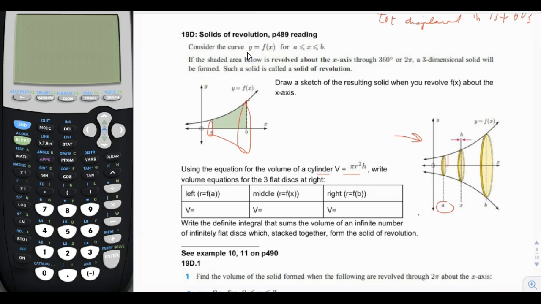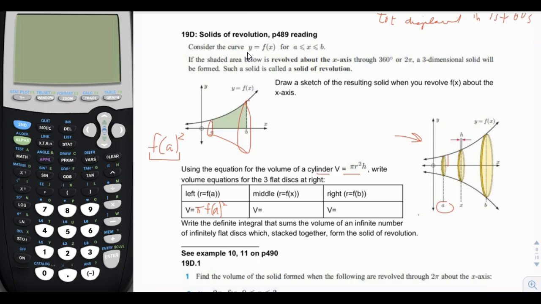So it would be pi times r, which is f of a, squared, times, and remember, this is not f times a squared. It is like one expression here, f of a. It's the y of the function when a is plugged in for x. Okay.